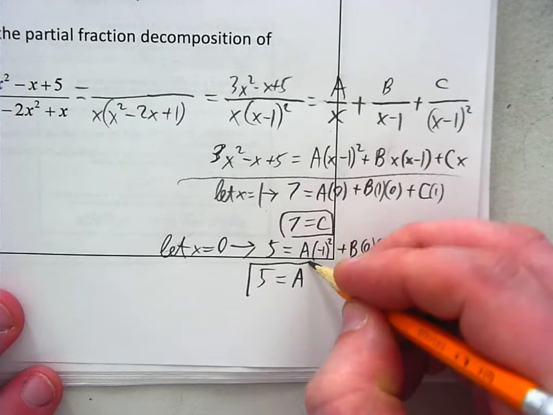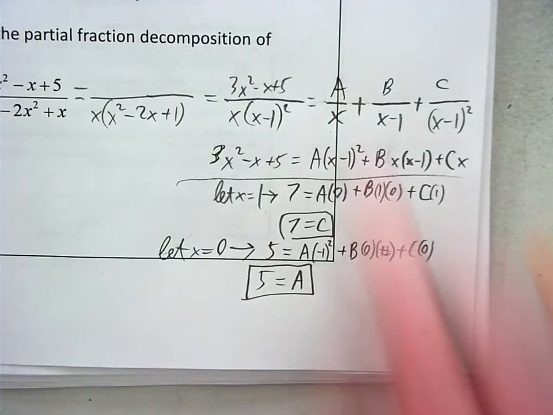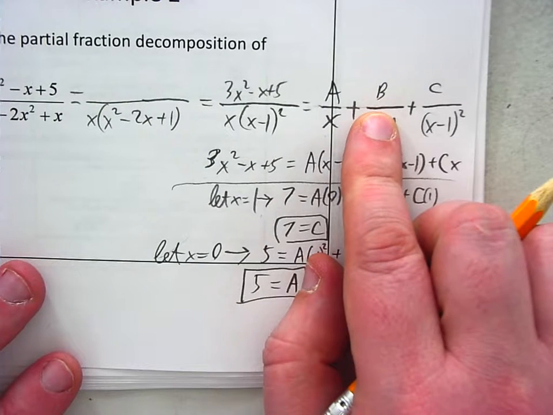So there's those two. Now, there's no nice number I can plug in that will eliminate a and c, though. Right? Okay. But you already have a value for a and c. So the only thing I need up here is this b value, right?